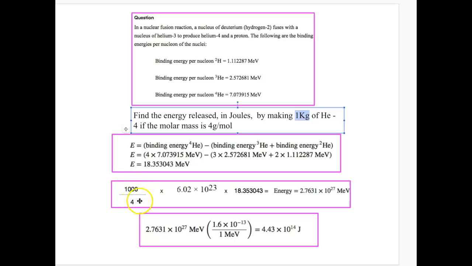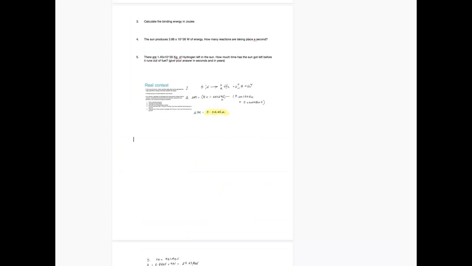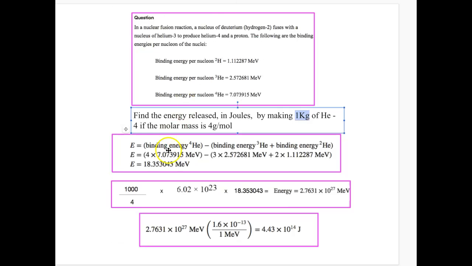Then you multiply that by Avogadro's constant, and you multiply that by the amount of energy given off by one reaction, which is what you worked out before. And this gives you the total energy. Try finishing this question off, and then go on to finishing off the rest of the worksheet.